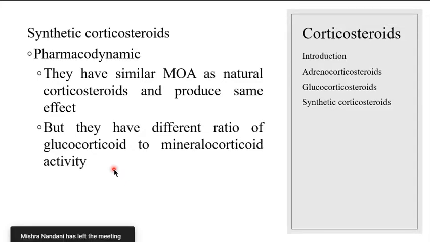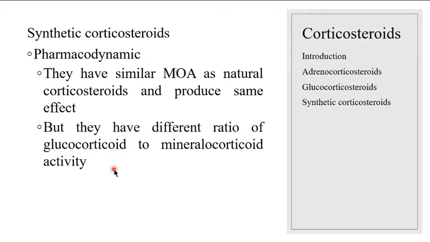The synthetic corticosteroids also have a similar mechanism of action. They bind to the same globulin, that is cortisol binding globulin. They approach the same cells. They bind to the steroid receptors, which were initially inactive because of binding of HSP90.